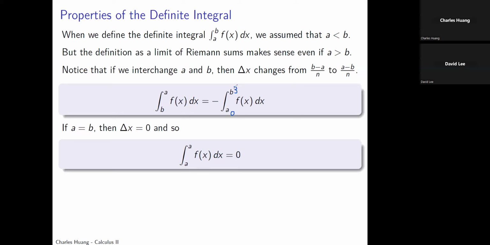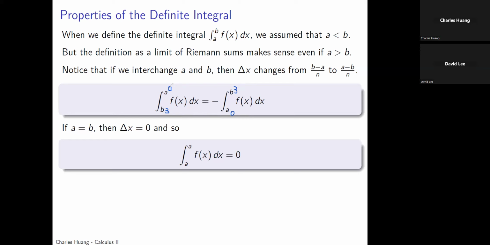And of course, the width of this interval is 3, and then we use that to divide by n. Now, if I flip them around, if I say 3 all the way up to 0, we can do that. It's okay to do that. But if I do it from 3 to 0, the interval is now -3. Because we're kind of going backwards, right? We're going from 3 going backwards to 0.